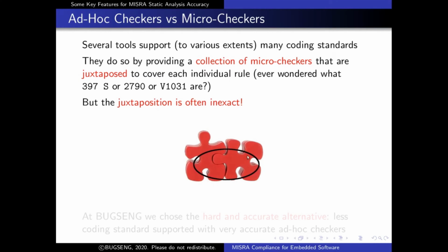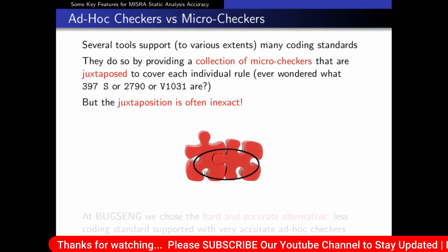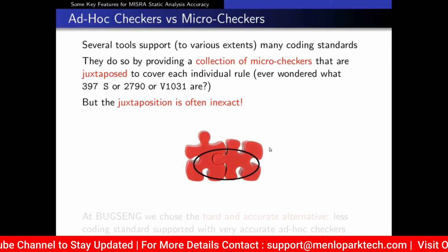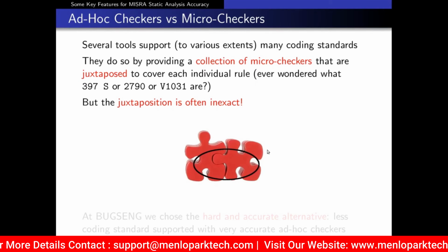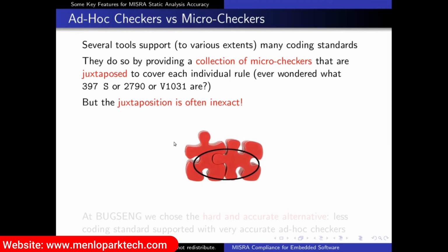This ellipse, you can think of it as a MISRA guideline. As you can see, the combination of the two microcheckers covers more or less the MISRA rule, but there is red stuff outside the oval shape, and there is white stuff in the oval shape. What we have outside here in red are false positives, and the white stuff inside the oval shape are false negatives.